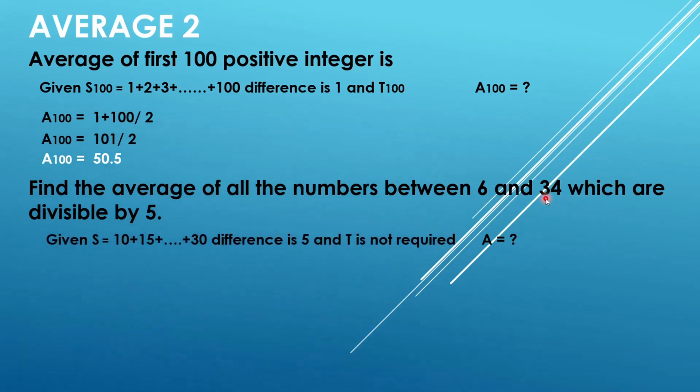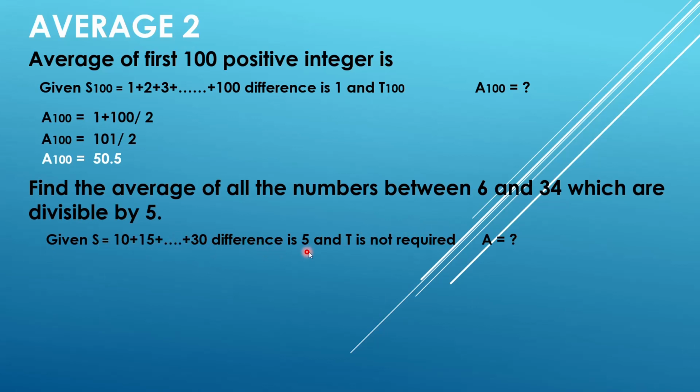So yeah, this is given. What is given? 10, 15 till 30, right? 10, 15, and we have the same difference, a difference of 5. And here we can say the whole list is not required. If we don't know all the numbers, that is not required at all, only the first number and last number, and if there is a difference of 5, then it is fine.